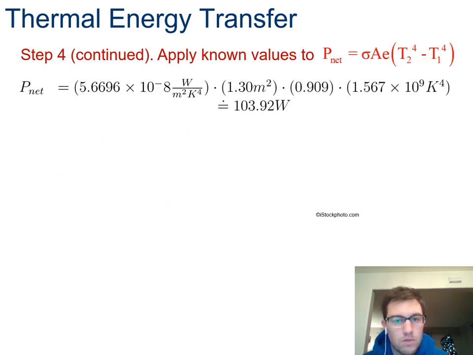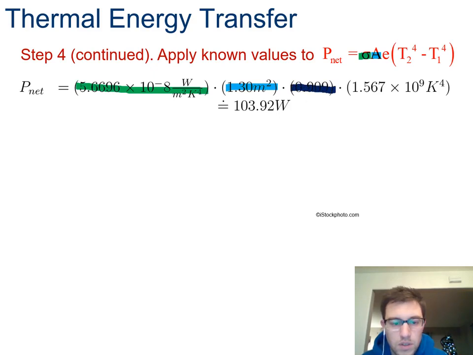So then you take that, and it's as simple as plugging in. So you have Stefan's constant, which why don't we highlight what all of these numbers are. I've got this number here, matches up with Stefan's constant right here. This number here matches up with my area that I was given.